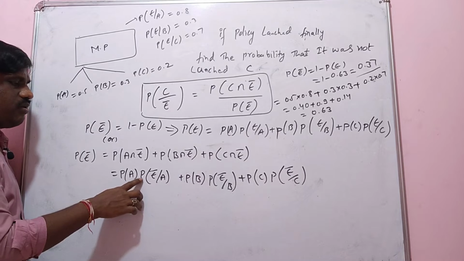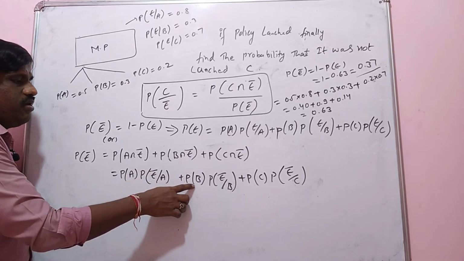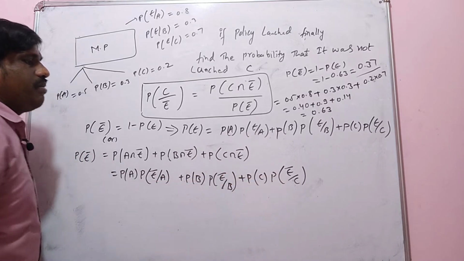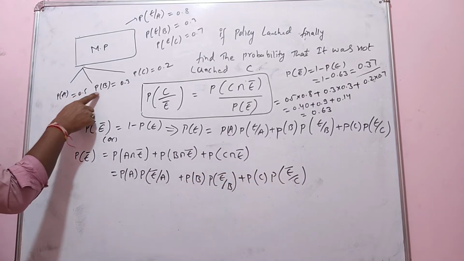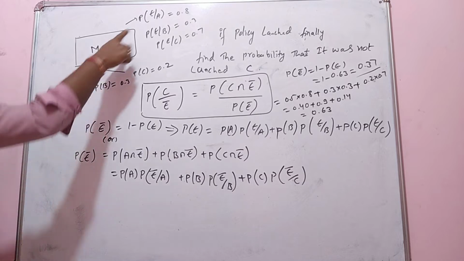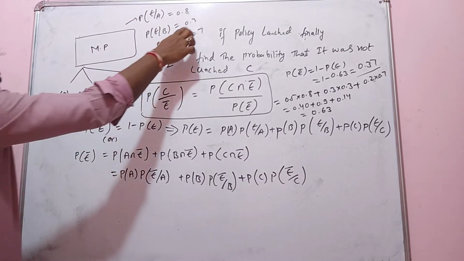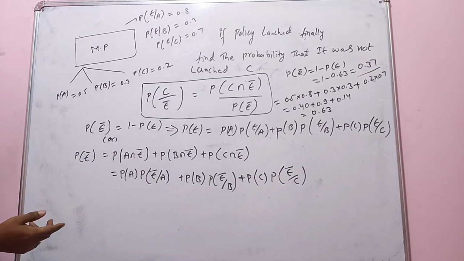That is the association of E bar happening with A, B, and C. So probability of A into probability of E bar upon A, plus probability of B into probability of E bar upon B, plus probability of C into probability of E bar upon C. Probability of A, B, C are given. E bar upon A will be 1 minus 0.8, that is 0.2. E bar upon B will be 1 minus 0.3, that is 0.7.